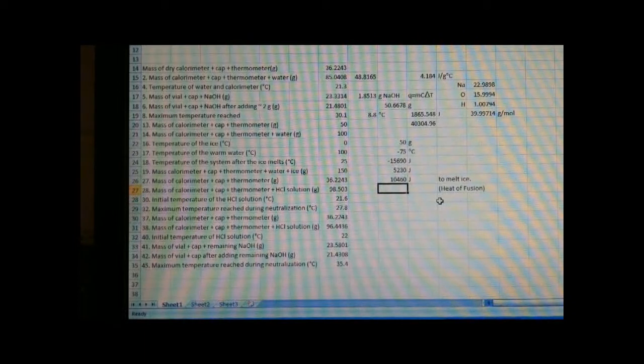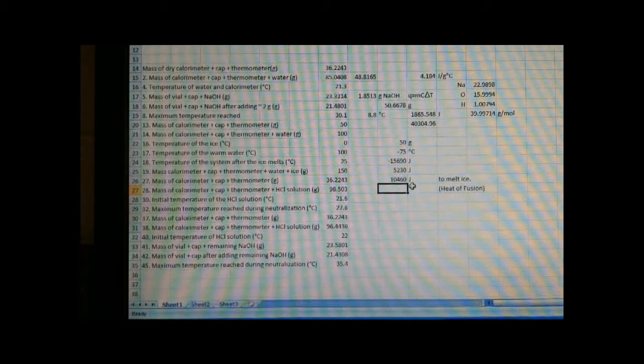Now I can't put that number in there directly because it's asking for it in joules per gram. So I need to divide that by the mass of the ice. That's the heat that was required to melt the ice, but it was required to melt 50 grams of ice.